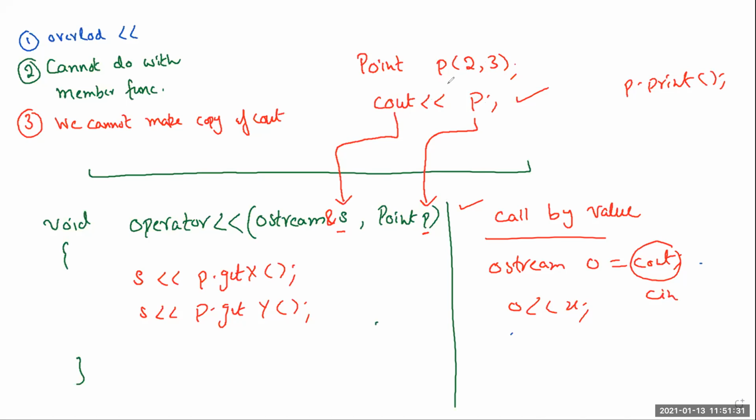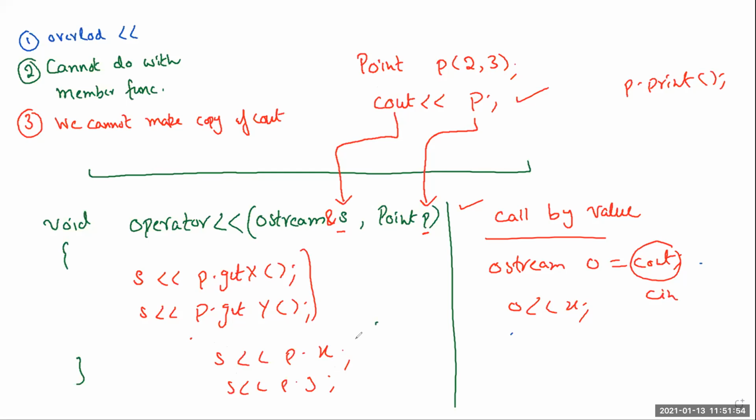And another important point is that since this function is a non-member function, I have to call getX and getY because X and Y are private. But if you make this function a friend of the Point class, then instead of these two, you can also write directly P.X and P.Y.